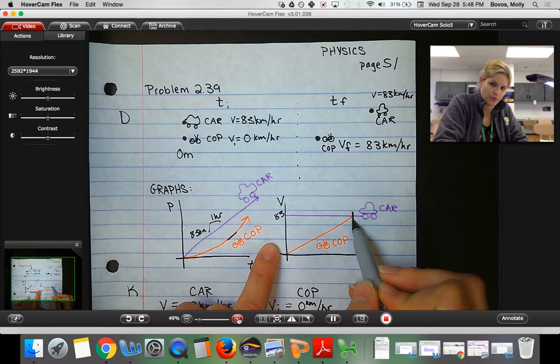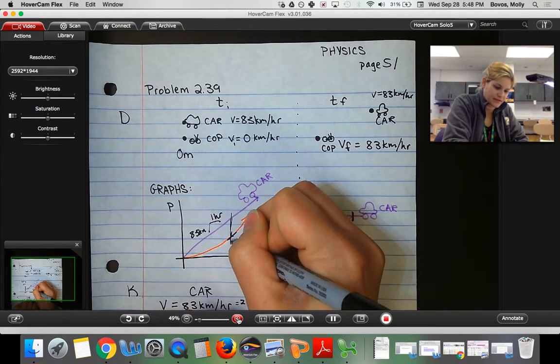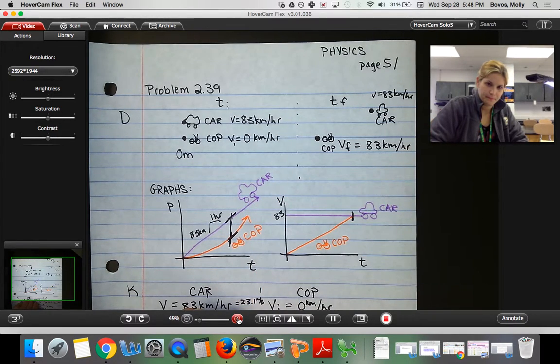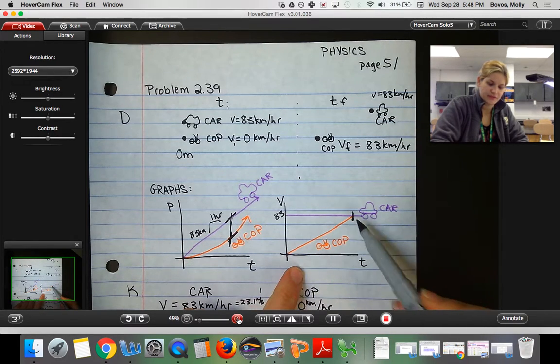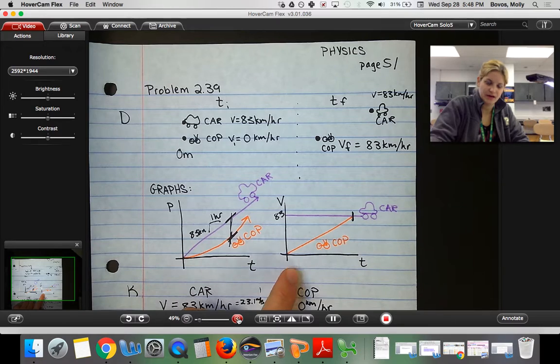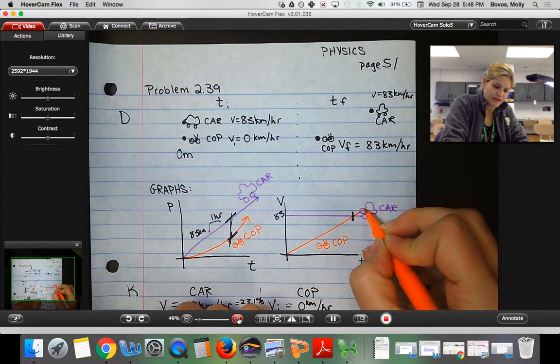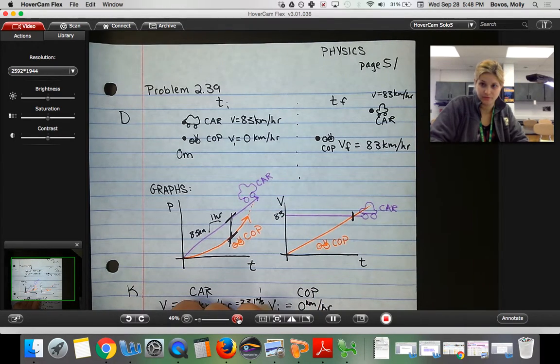So this point in time matches this point where it looks like these have the same slope, where these are about parallel to each other. Perhaps the cop continues driving and gets a little bit faster so that he can catch up to the car and pull him over.